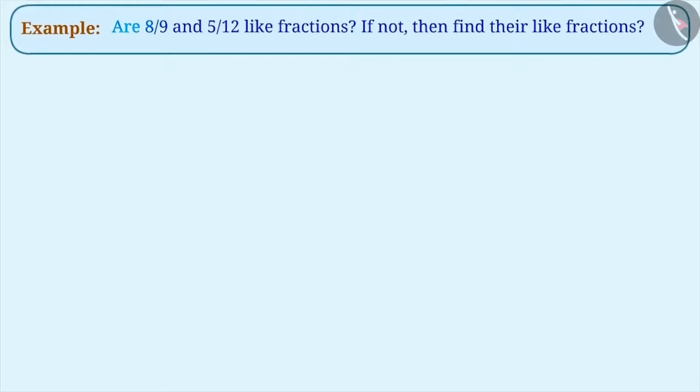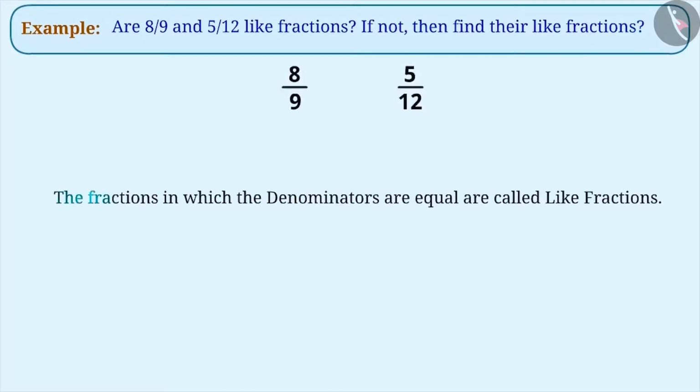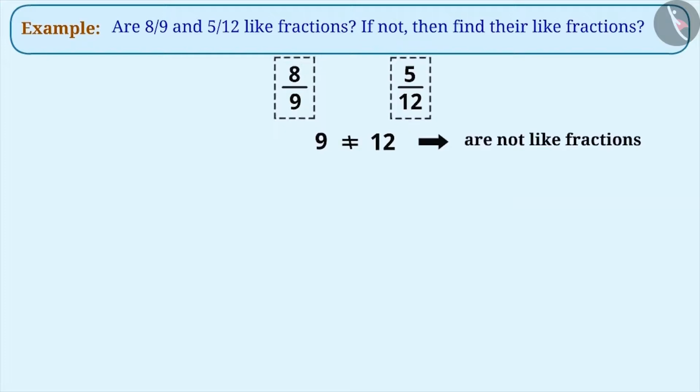Next example. Are 8 by 9 and 5 by 12 like fractions? If they are not, then find their like fractions. We call any two fractions as like fractions only when their denominators are equal. Here, 8 by 9 and 5 by 12 do not have equal denominators, so they are not like fractions.